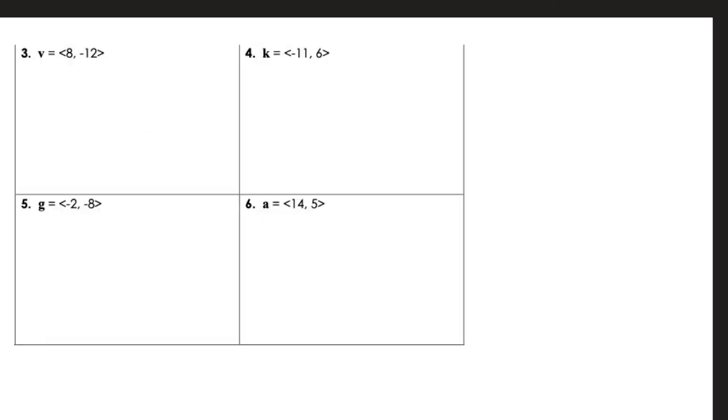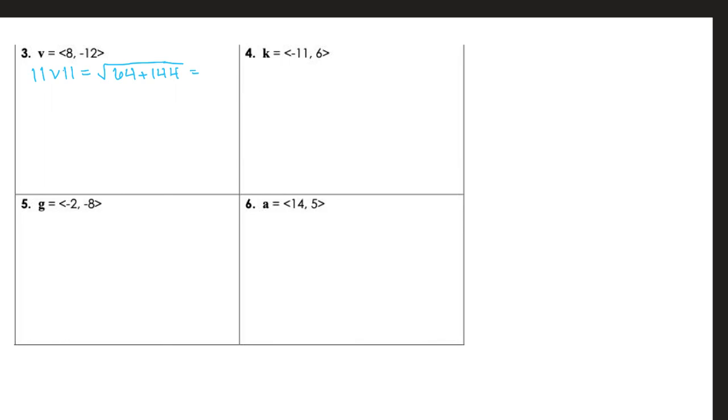Okay, let's try number 3. So the first thing we're going to do is find the magnitude of vector v. And that's going to be the square root of 8 squared, which is 64, plus 12 squared, which is 144. And you put that in your calculator.